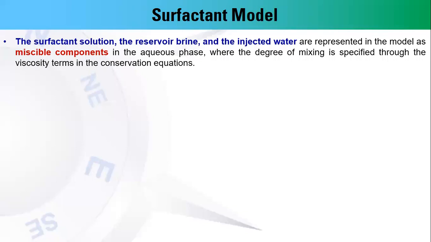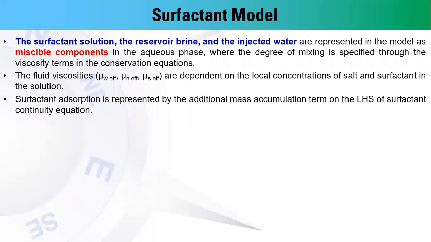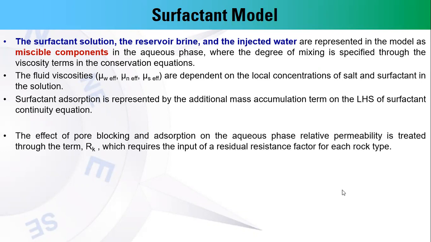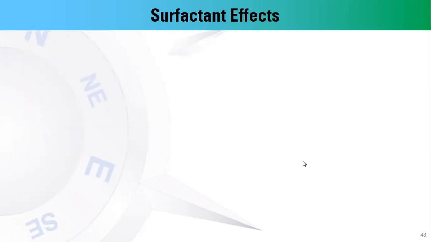They are represented as miscible components in the aqueous phase. And surfactant adsorption, as mentioned, is the amount of surfactant that will be lost on the surface of the pore spaces, and this is the adsorption term.